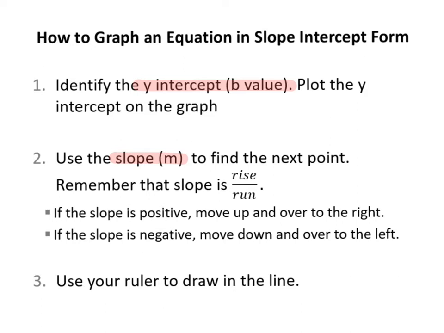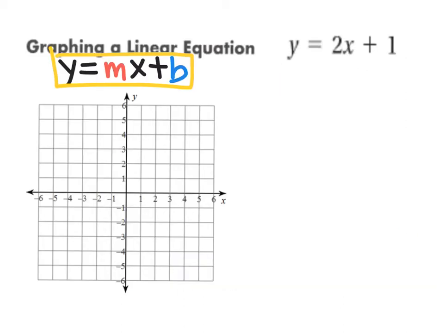If the slope is positive, that means you're going to move up and over to the right. If the slope is negative, you're going to move down and over to the right. And then finally, use your ruler to draw in the line.